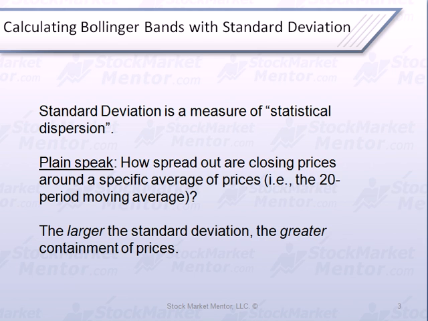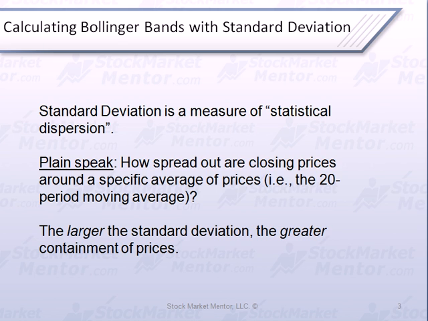So as each day, and I'm just going to revert to talking about days, as we get a new day onto the front end, the 20th day pops off the back end. So it's a walking set of prices. And so how far apart or close together are most of those prices?